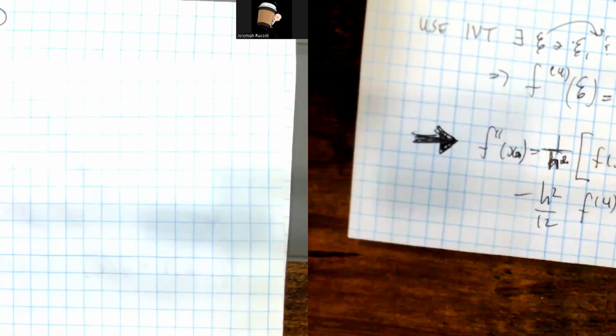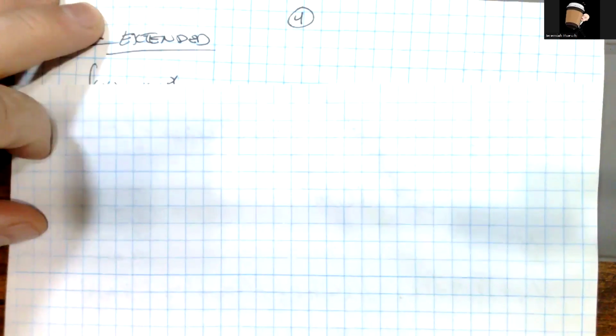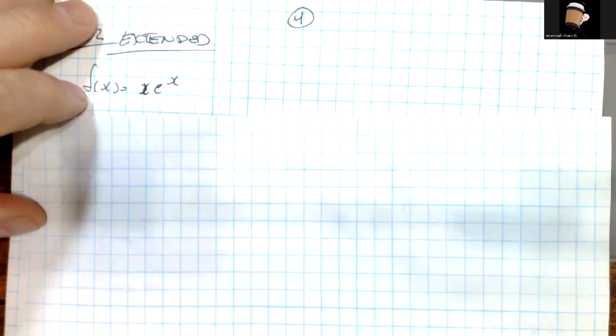Okay, so we were talking at the last one about just taking the second order derivative for higher orders and comparing it using the Taylor expansion. And so I thought, well, why not just go ahead and do that with the example we were just working on? So this is the f of x. f of x is equal to x e to the x.